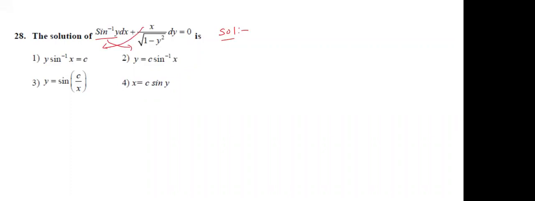So overall we get 1 by x dx plus 1 by root 1 minus y square into sine inverse of y dy, that's equal to 0.